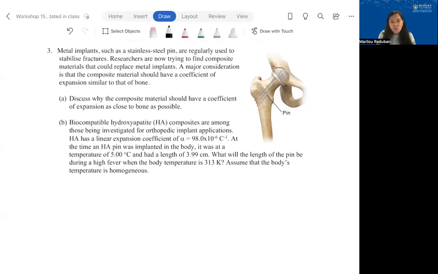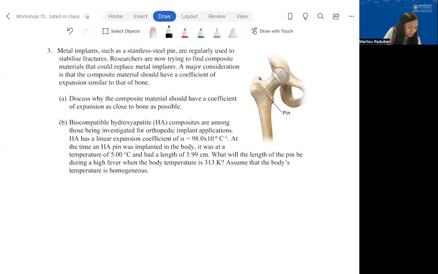And we don't like stress because we've learned before that stress causes strain, which is deformation in the bone. So we'd want a composite material with a coefficient of expansion close to the bone, so that the material and the bone expand at approximately the same rate as the temperature increases, or contract at the same rate as the temperature decreases.